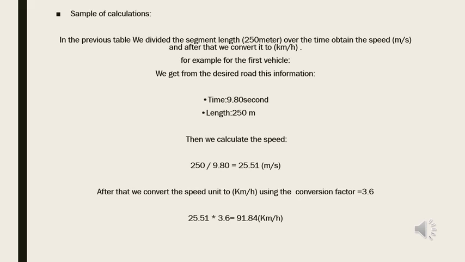Then we calculate the speed and it is 25.51 meters per second. Then we multiply this answer by the conversion factor, which is 3.6, and we get 91.84 kilometers per hour.